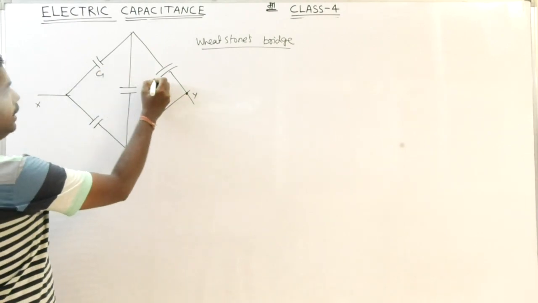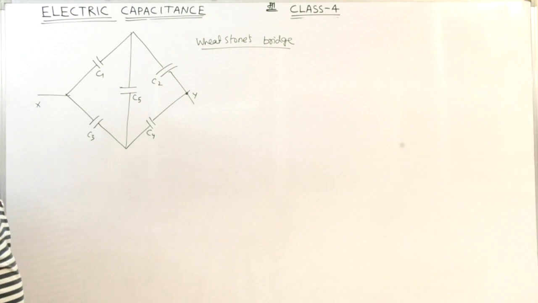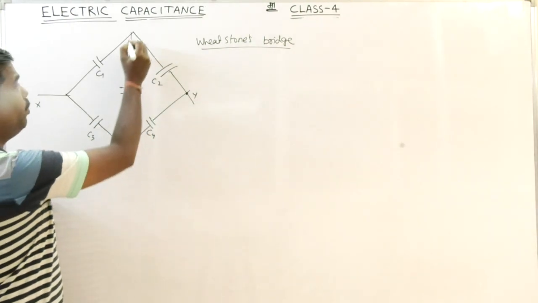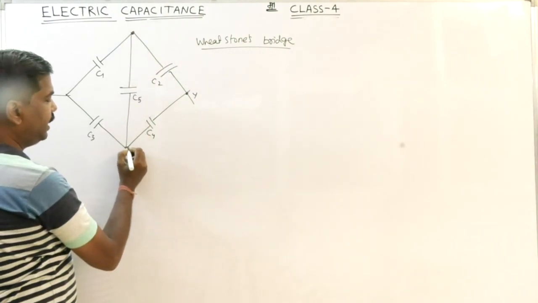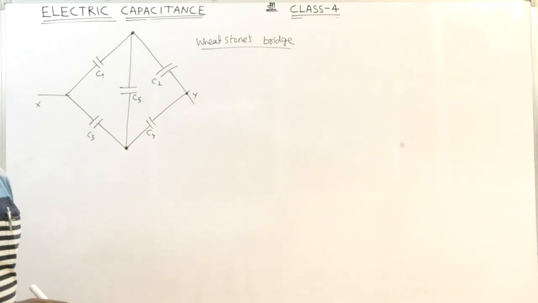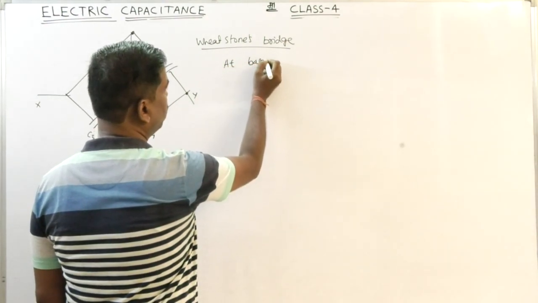Let it be C1 and C2, C3 and C4, C5. If the circuit is balanced, that is, if the potential at this point and the potential at this point are equal, then no charge flows through the circuit. That is called the balanced condition.